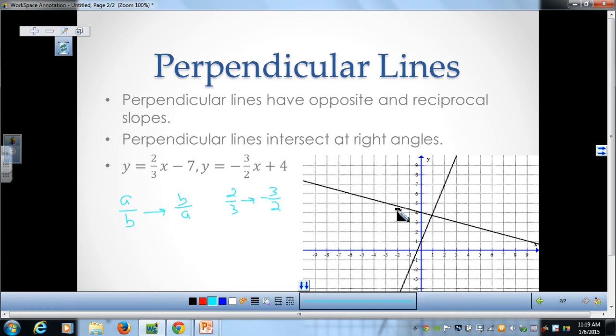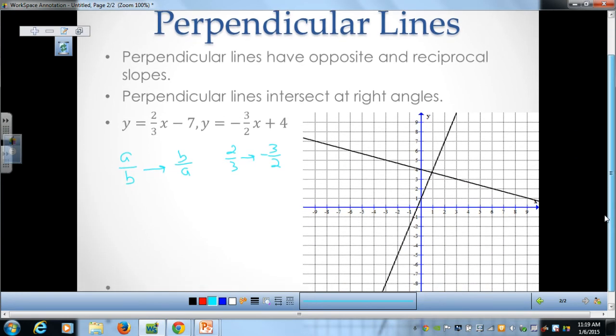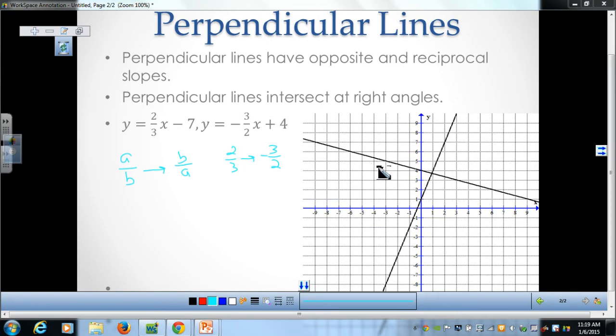Now, once again, if we have this with a graph, we have to find the slopes from the graph. So if I look point to point, this is down 1, and so that's -1, over 1, 2, and 3. So it appears that this line has a slope of -1/3.